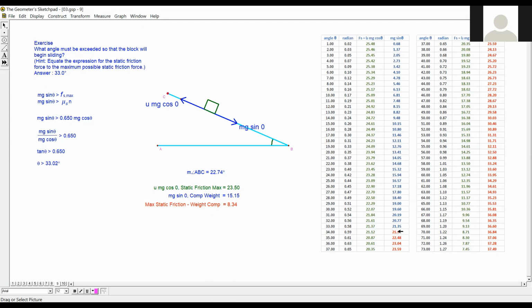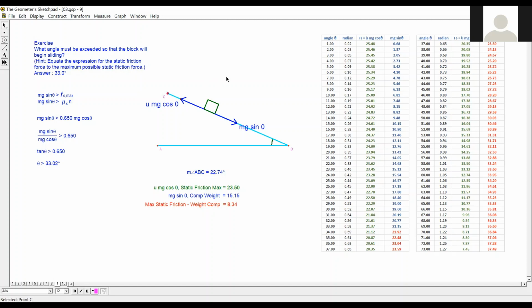So the weight exceeds the frictional force. So at 34 degrees, it will slide down the inclined plane. And so on. As we increase the angle, we see all red color. So all these other angles that become bigger and bigger, it will slide down the inclined plane.